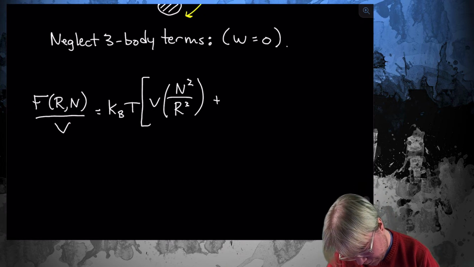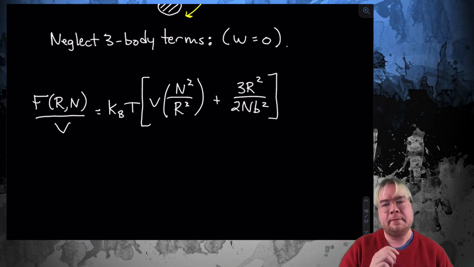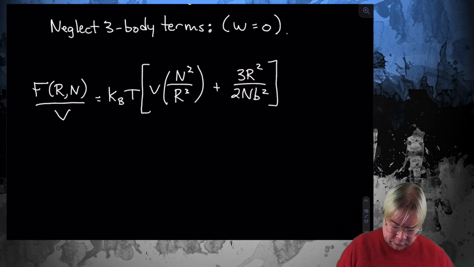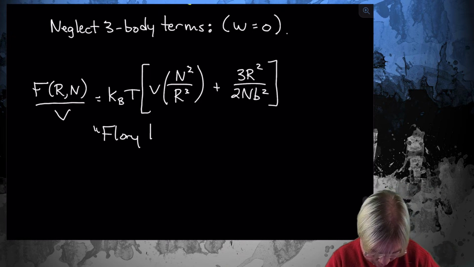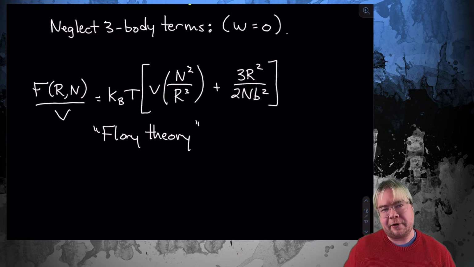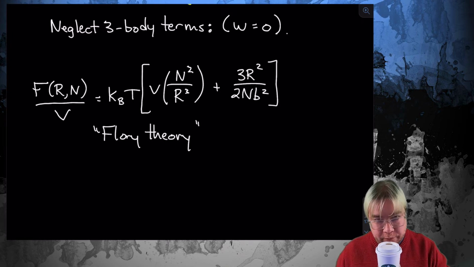And then plus 3R squared over 2Nb squared, and that's due to entropy. So this is essentially the Flory theory. It's not entirely correct, actually. We found out later that it's not actually correct, but it does give a result that's close to what we measure experimentally.